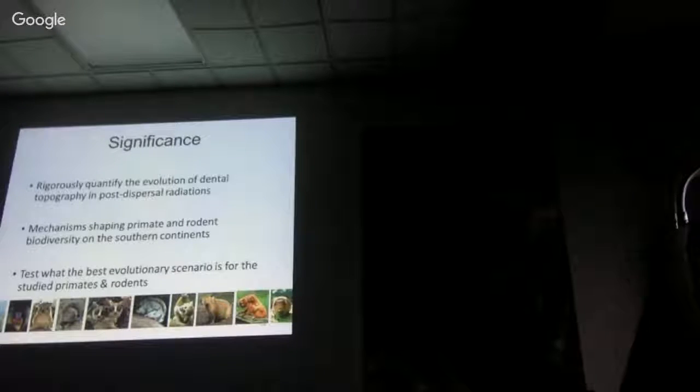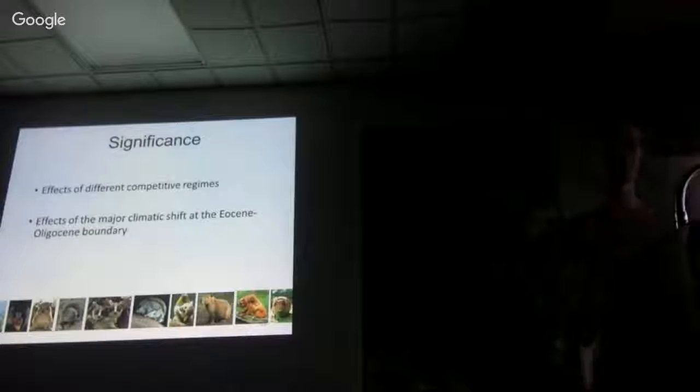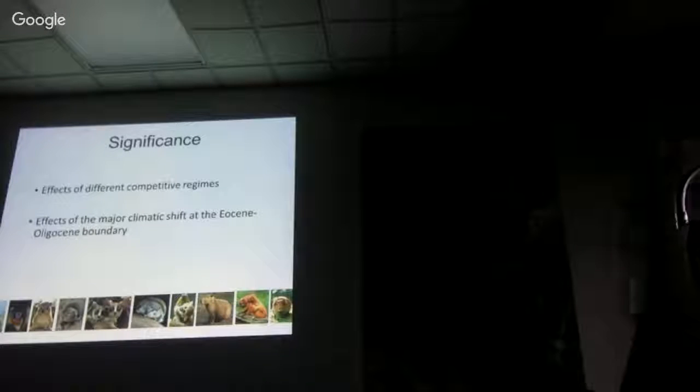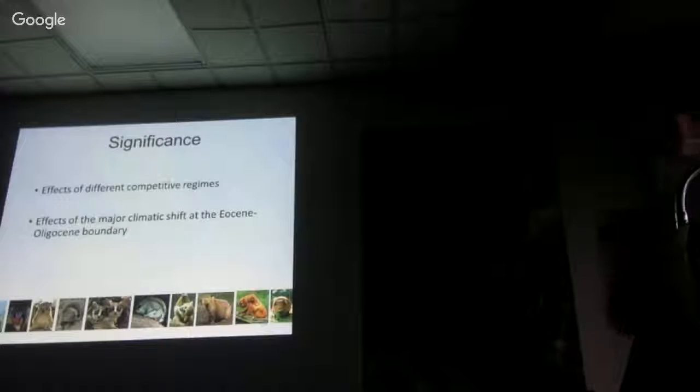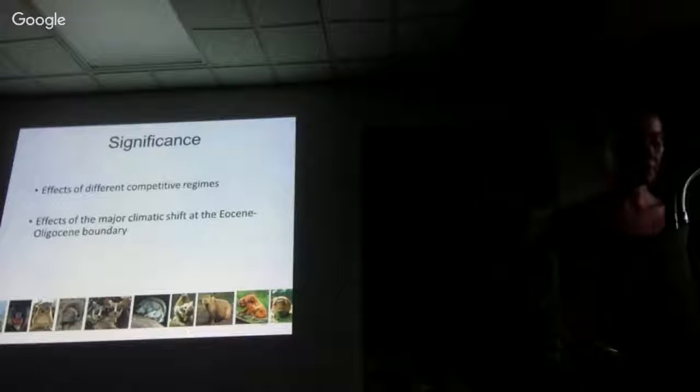I will test what the best evolutionary scenario is for the studied groups and assess the effects of different competitive regimes between the land masses, as well as the effects of the major climatic change at the Eocene-Oligocene boundary, and see what the effects of these factors are on the evolutionary history of the rodents and primates.